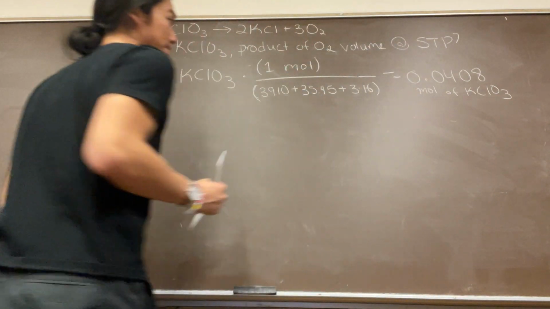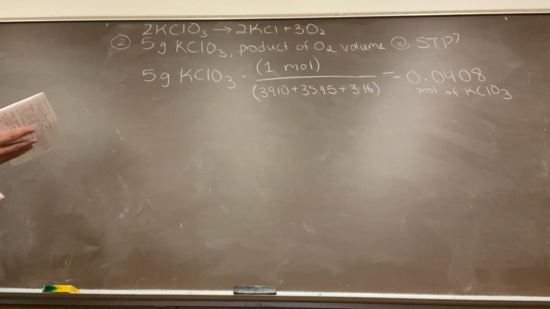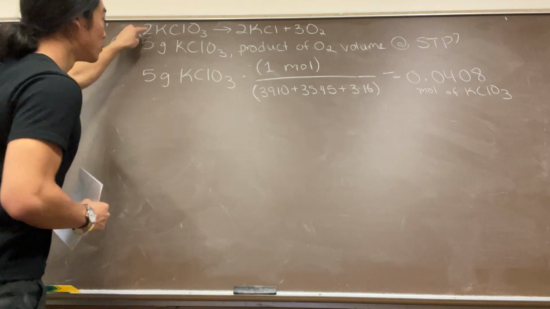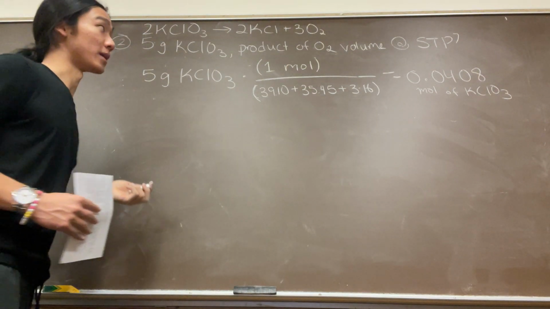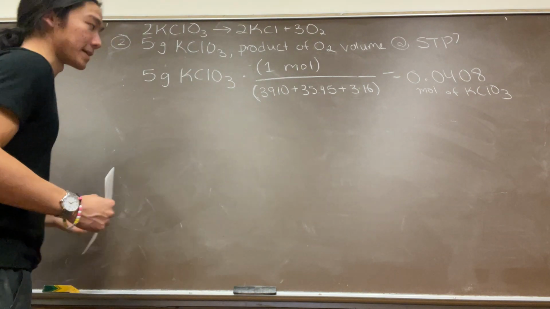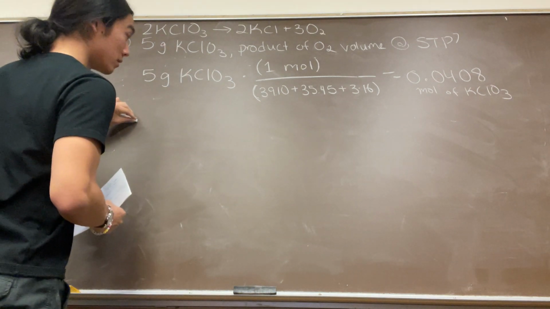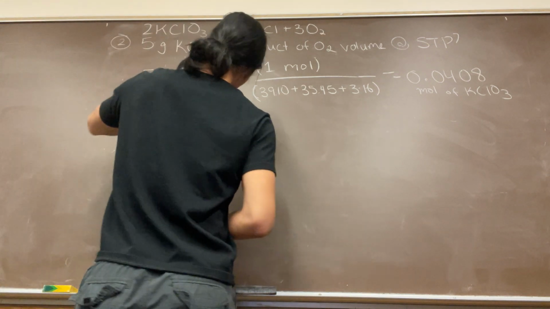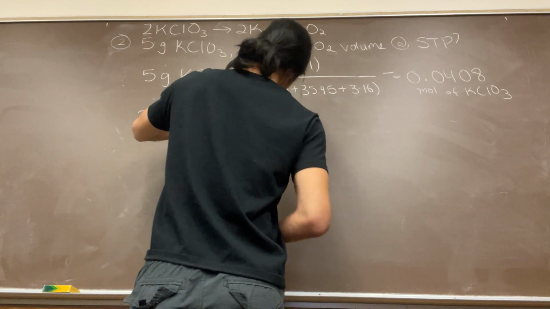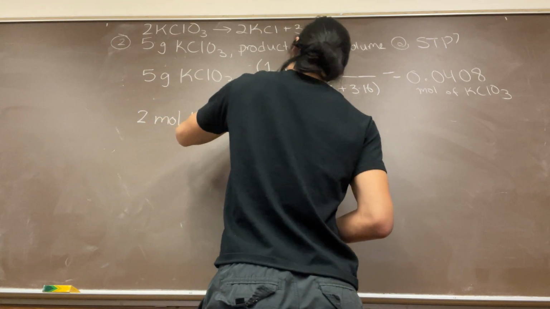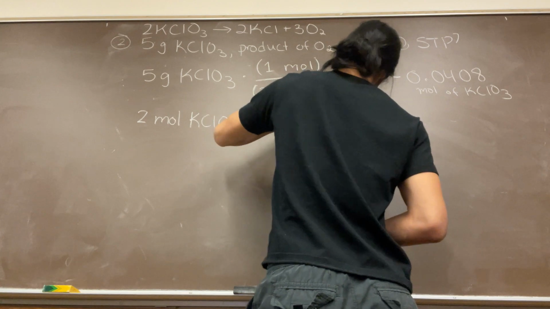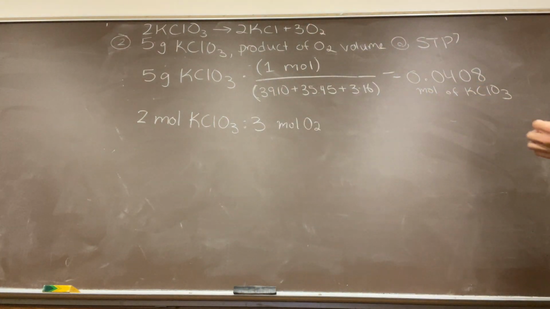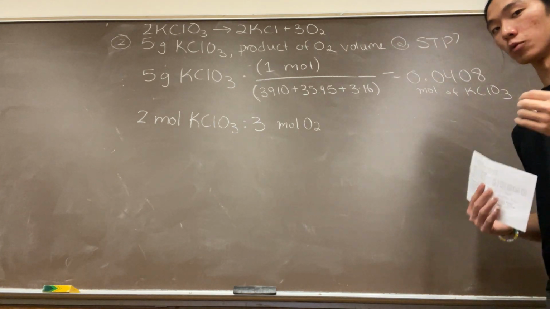All right, so we have that many moles, right? Now we know how many moles of oxygen we have. So we know that 2 moles of potassium chlorate yields us 3 moles of oxygen gas, right? So I'm saying 2 moles of KClO3 gives us 3 moles of O2, right? So we need to convert our product, this amount of moles of KClO3, into moles of oxygen.